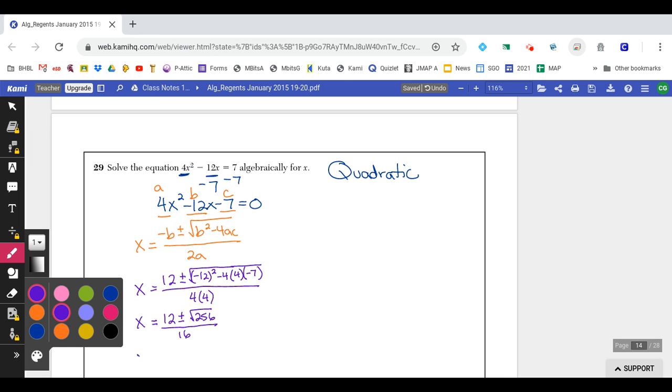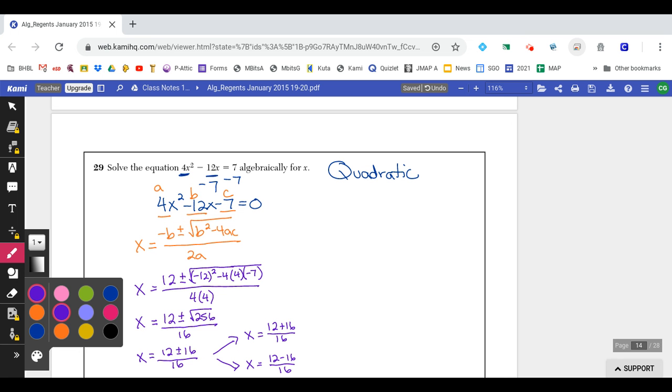The square root of 256 is 16. So 12 plus or minus 16 over 16, which remember gives us two separate equations. We have 12 plus 16 over 16, 12 minus 16 over 16.